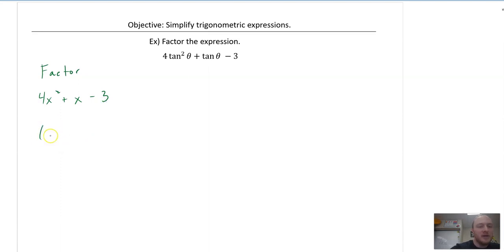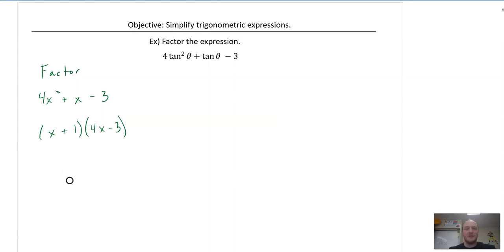You would tell me that, hey, that is x plus 1 and 4x minus 3. I can go ahead and check this, right? I get 4x squared and negative 3x with a positive 4x minus 3. Yes. So think about it like that.